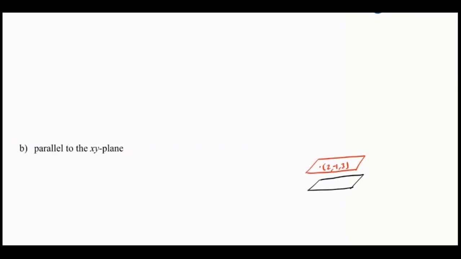So for the XY plane, we have a normal which is k. It goes upward, so only the k value exists for the normal. So directly we can have 1k for the normal. A is there. We know that P1 is parallel to P2, so we can have N1 equal to N2, which is equal to k.